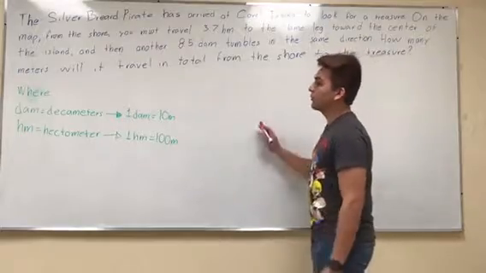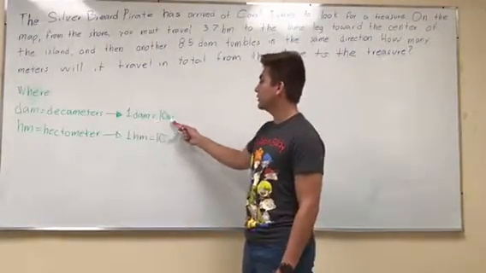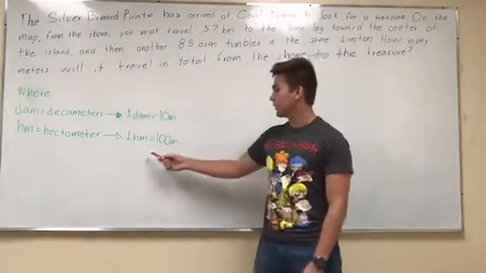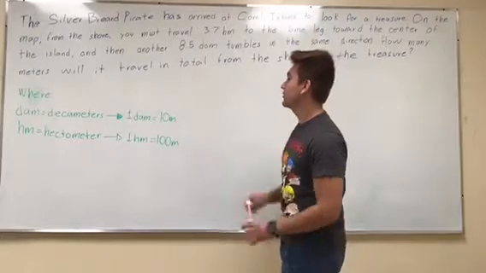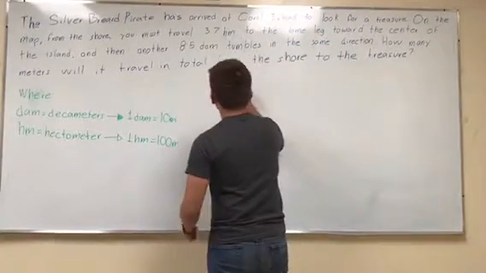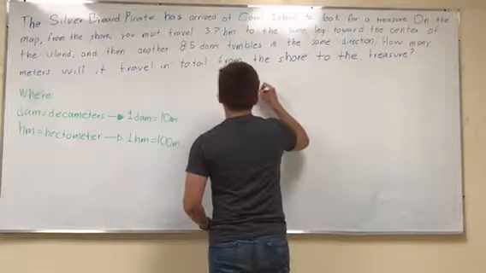So, in the problem, we have that one decameter is equal to 10 meters, and 1 hectometer is equal to 100 meters. So we need to do first this conversion, that is 8.5 decameters.